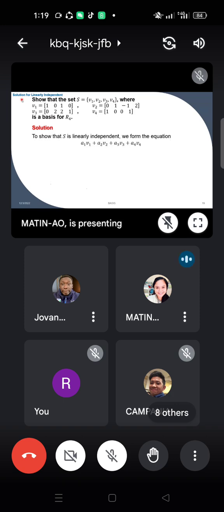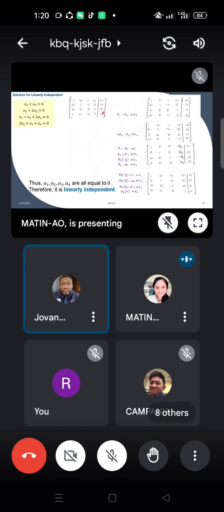To show that S is linearly independent, we form the equation: A sub 1 times B1 plus A sub 2 times B2 plus A sub 3 times B3 plus A sub 4 times B4, and substitute as in the previous example. First, we go to echelon form.